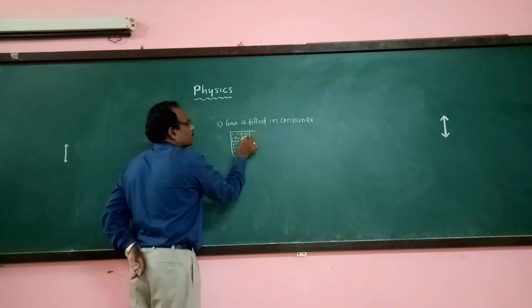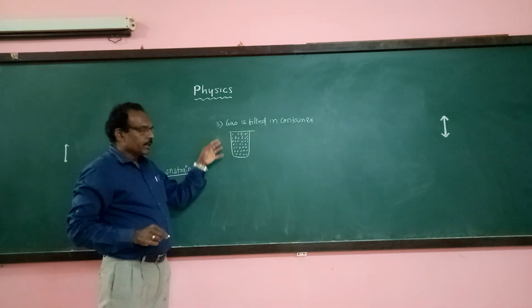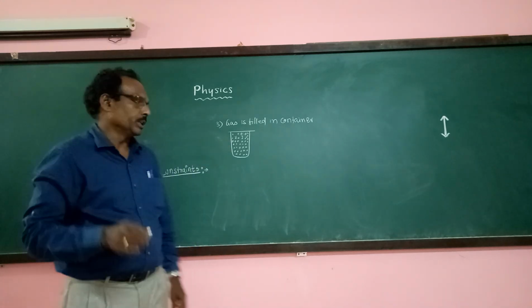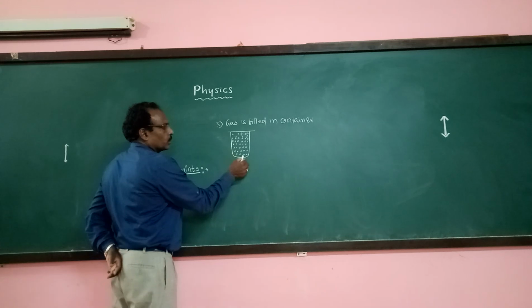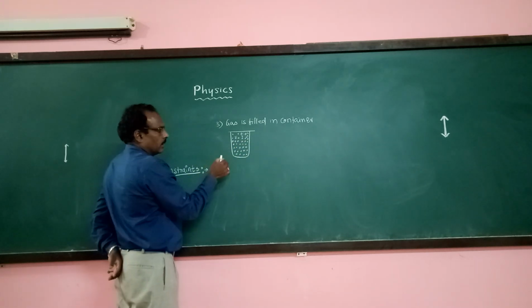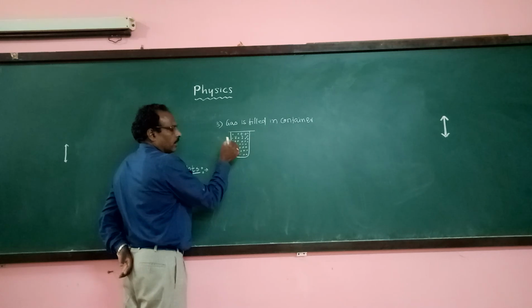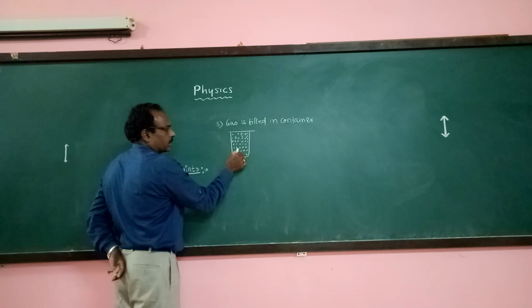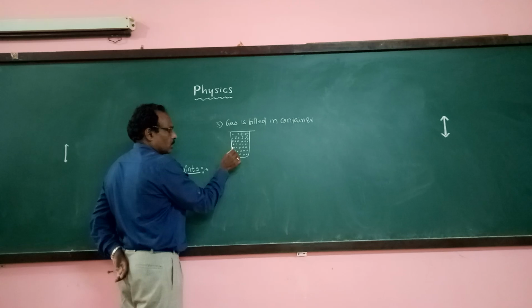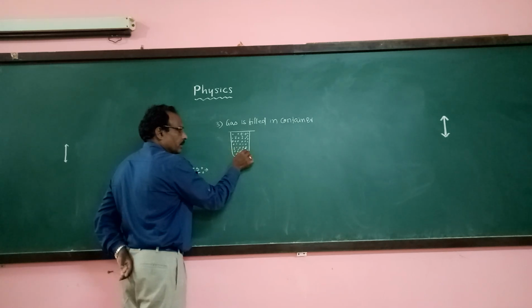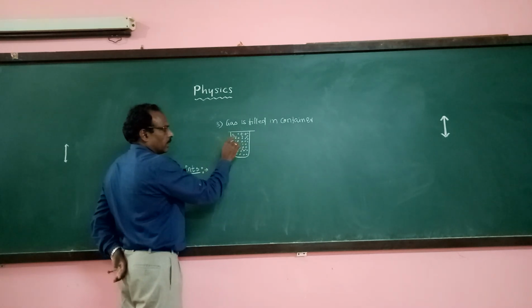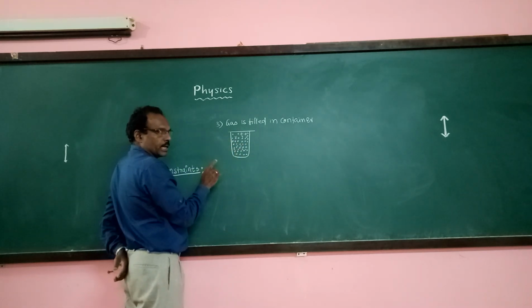Now, as per the kinetic theory of gases, molecules of the gas are in random motion. The motion of the gas molecules within a container is restricted. The motion of all the molecules is restricted within the walls of the container. That means molecules are allowed to move in all possible directions, but only within the container.